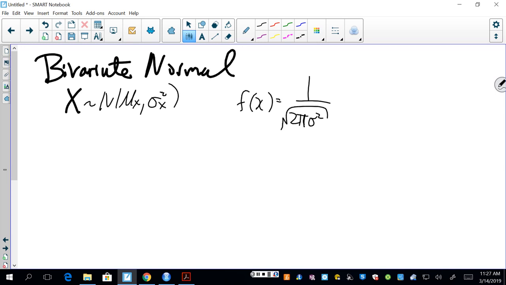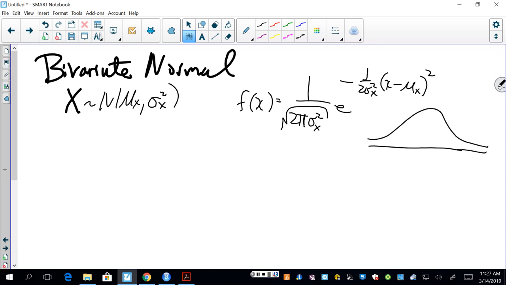And there's an e to the negative 1 over 2 sigma squared, and then x minus its mean squared. And this is a bell-shaped curve, right, centered at mu of X, where the spread is about 2 standard deviations above and 2 standard deviations below.